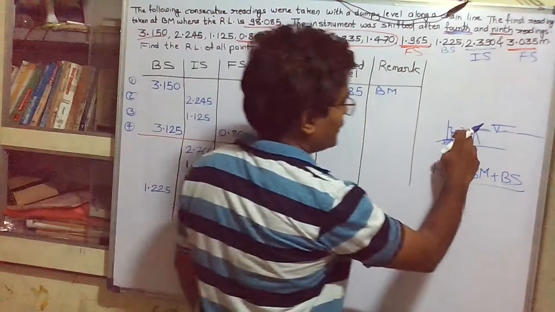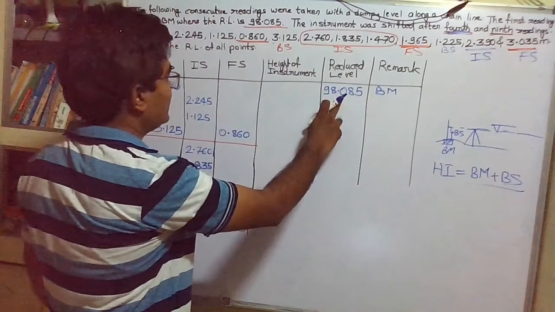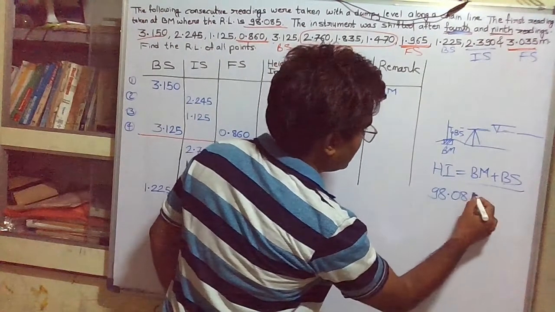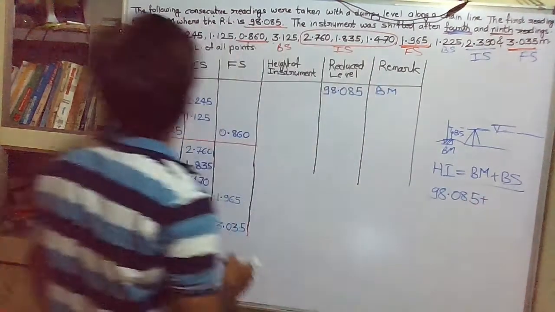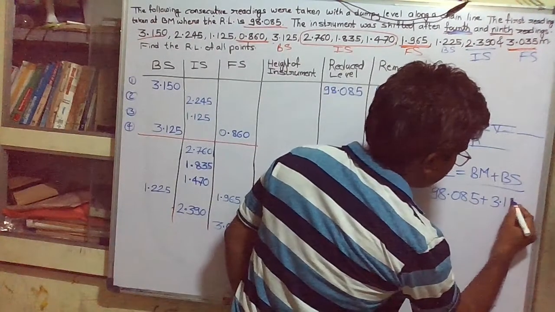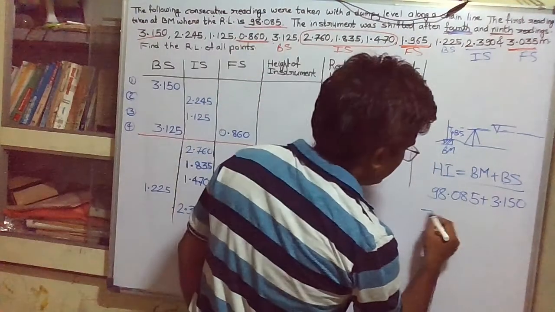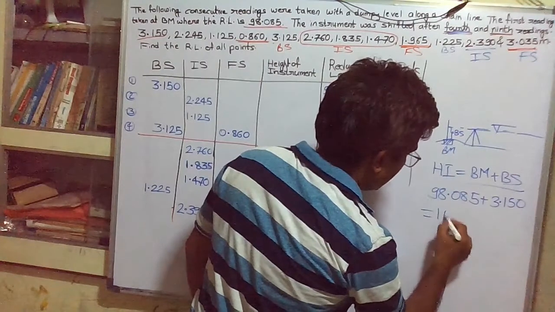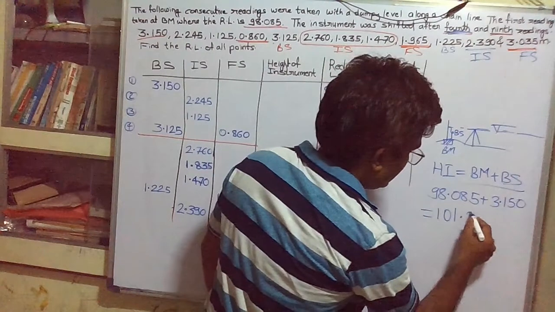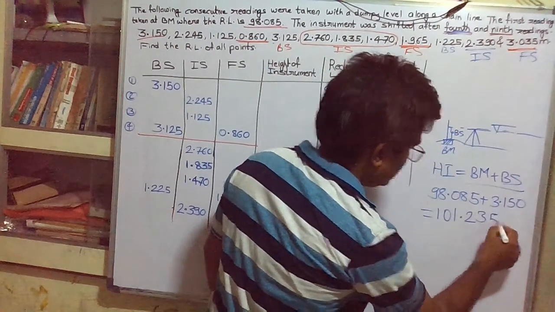So how do we find the height of instrument? Benchmark plus backside reading. The benchmark is here 98.085, plus the backside reading, which is 3.150, and that comes to be 101.235.